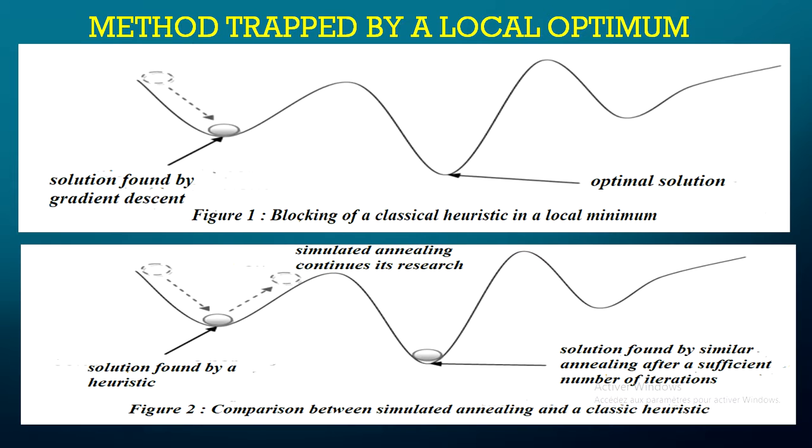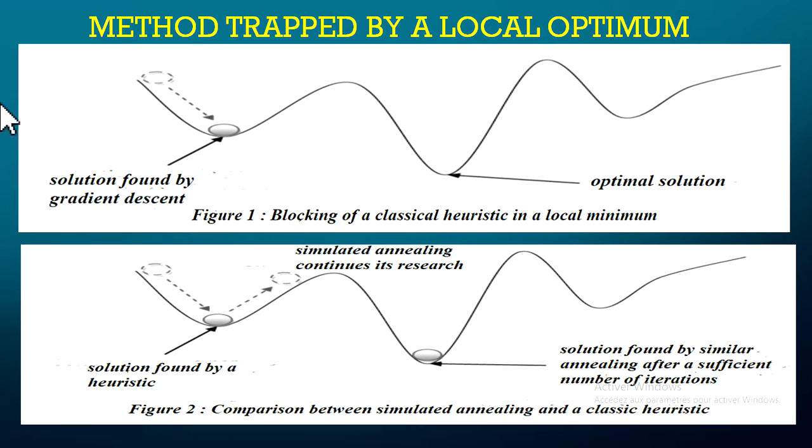This illustration helps us to understand the procedure of the method trapped by a local optimum. In this illustration, the black points are the space of solutions of a random optimization problem. In this illustration we are in the case of minimum optimization, or minimum objective function.